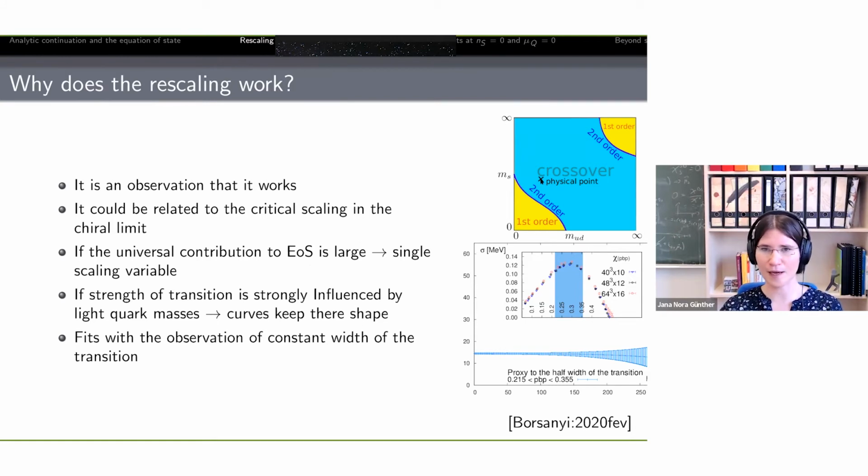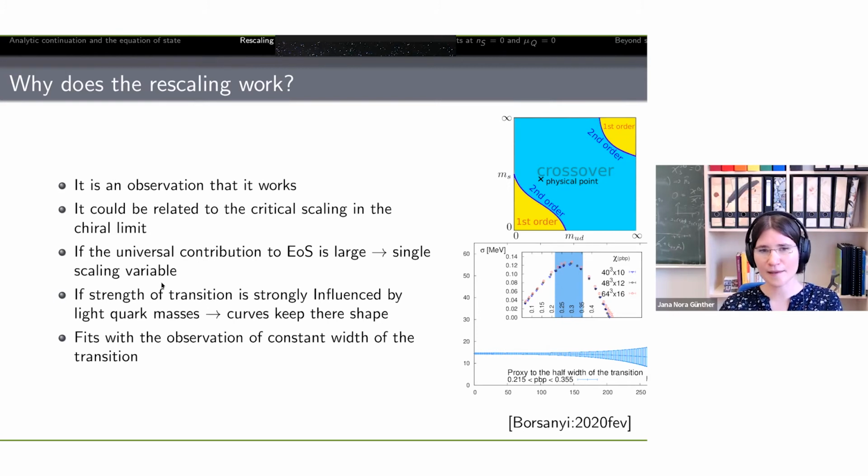So if you look at the Columbia plot and you send your light quark masses to 0, there could be a critical region. And if the universal contribution to the equation of state is large, this would mean we could describe everything with a single scaling variable, which would then depend on the temperature, the quark masses, and the chemical potential.